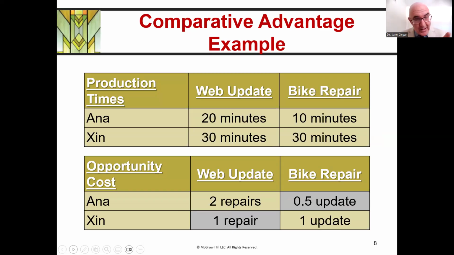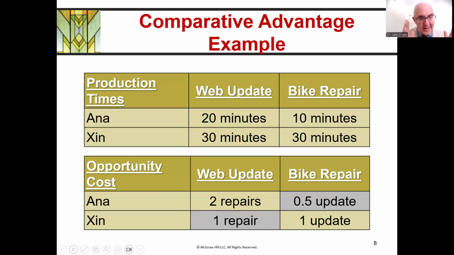So that's pretty costly. Whereas for each web update, Chin is giving up 1 repair. So she has the comparative advantage. But when it comes to bike repair, Anna's giving up half a web update, as opposed to Chin, who's giving up 1 update. So Anna has the comparative advantage in bike repair.